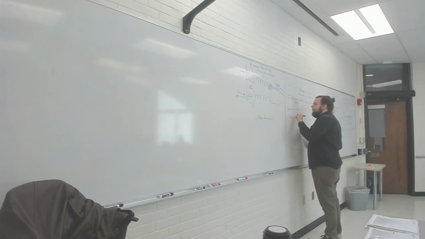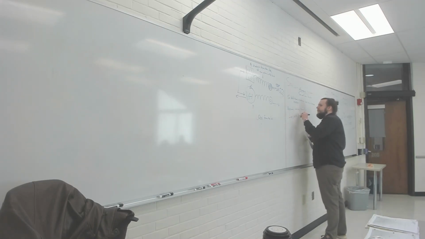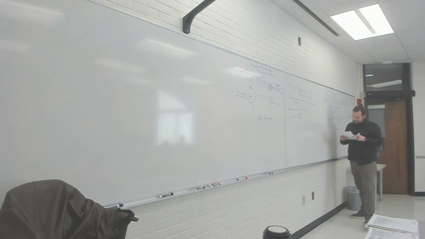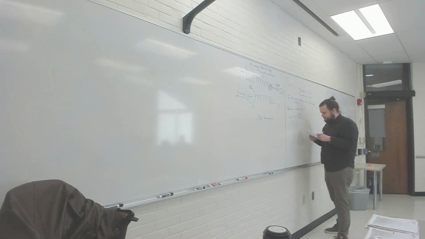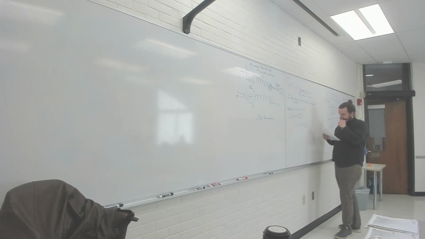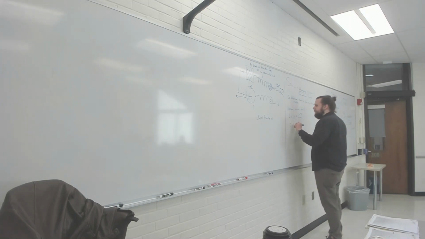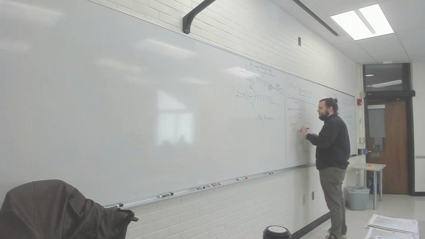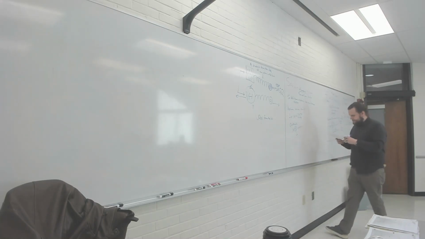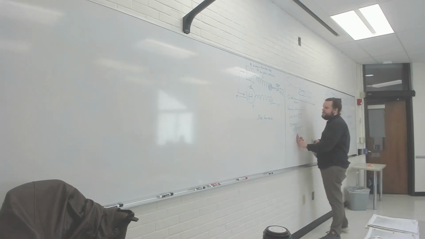Let the mass be the mass of A times the mass of B over the mass of A plus the mass of B. And so that means classically that mu times the second derivative of position plus k times position equals 0 gives you a solution, right? So classically that's just the solution. You get sines and cosines.